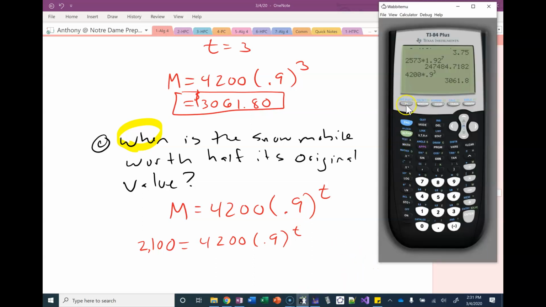All right, let's go to our calculator. So I'll go to the y equals menu. I'll type in my model in one and then the 2,100 in the other. Everybody okay with that?